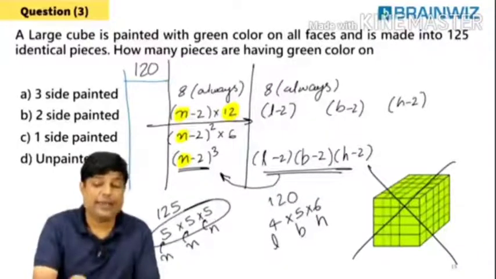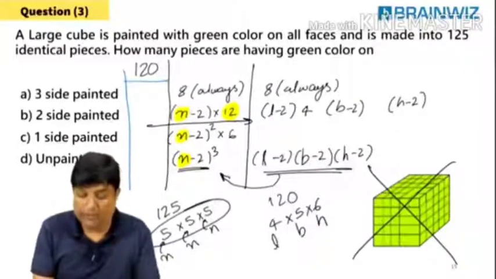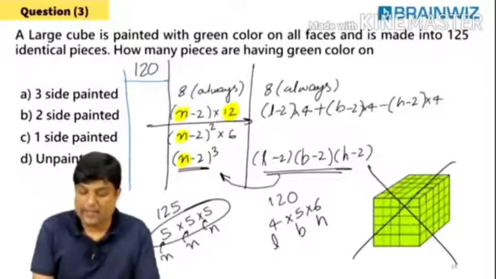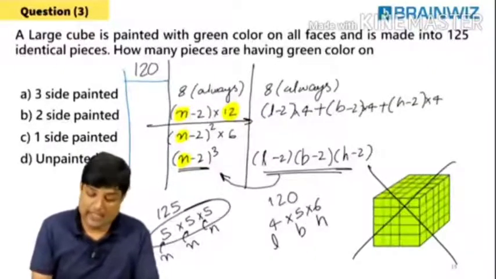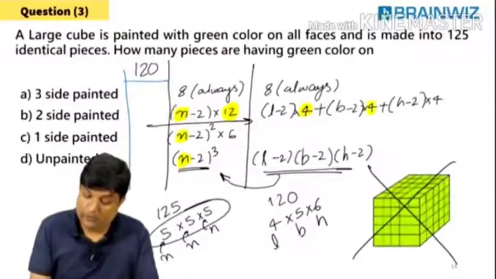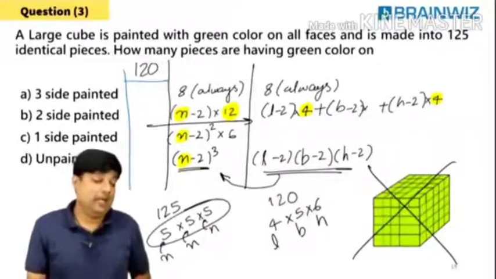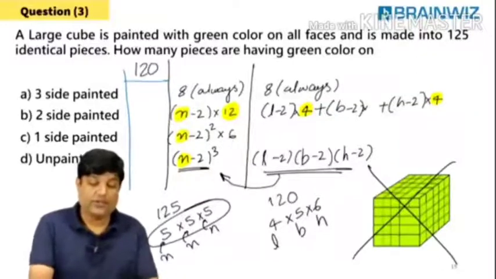Kitna edges hai, Baba? 12. So 4 edges you give to length, 4 edges you give to breadth, 4 edges to height. Add. All the 12 edges I'm dividing in the form of 4, 4, 4. Are you understanding how I am dividing? Yes or no? Let's try to design a new formula here.